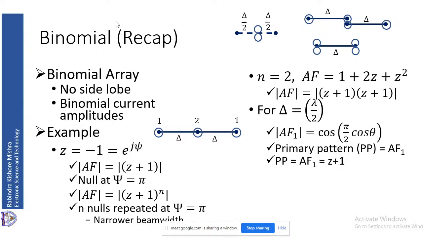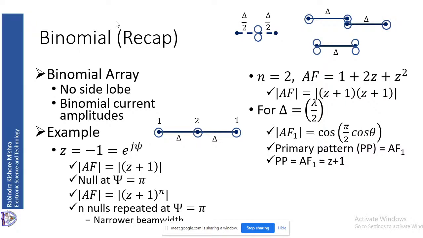Since now we have two elements whose primary pattern is AF1, ultimately you will get the array pattern as the primary pattern into the array factor. Again, they are separated by delta, which is lambda by 2.